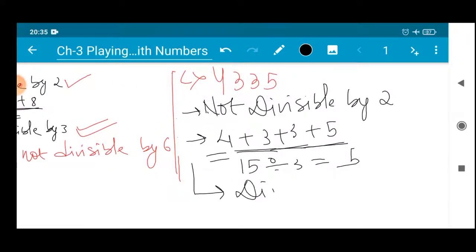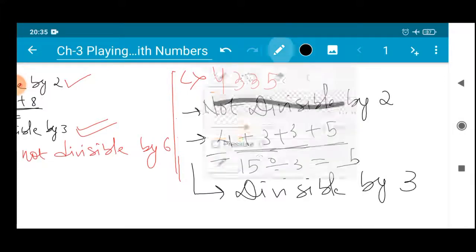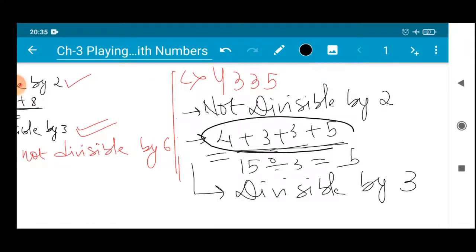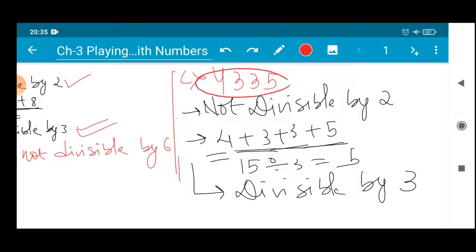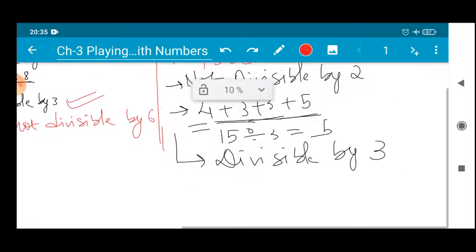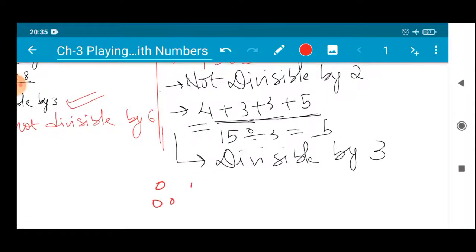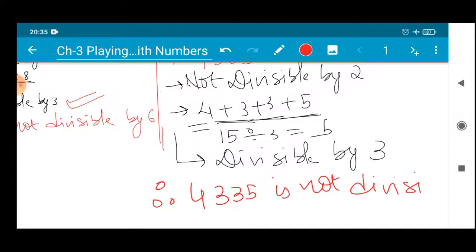It is divisible by 3, as you saw that after the addition of the digits, the number which we got was divisible by 3. But the thing is, the number was not divisible by 2, right? So hence we can write, therefore, 4335 is not divisible by 6.